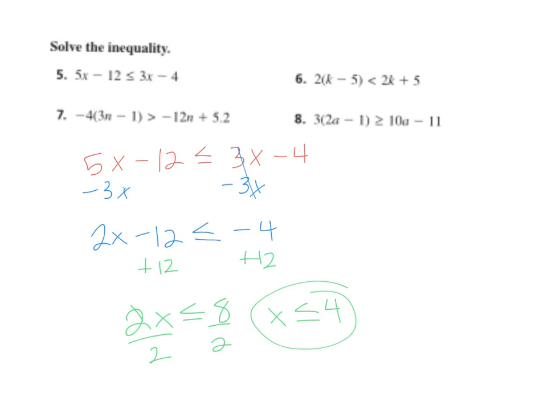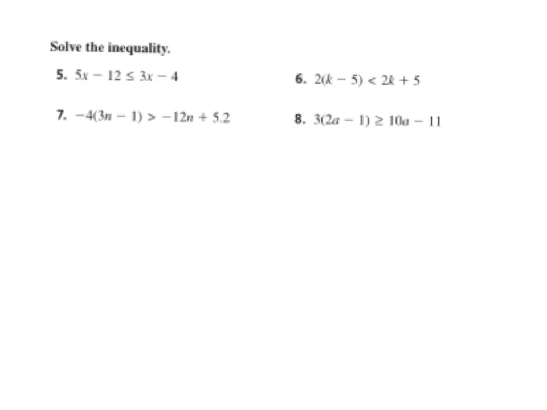Now let's look at 6. Number 6, I'm going to do the distribution as I write it down. So 2 times k is 2k. 2 times negative 5 is negative 10. Is less than 2k plus 5. So if we minus our 2k from both sides, all our variables go away.